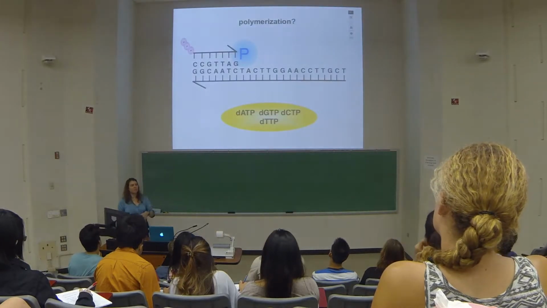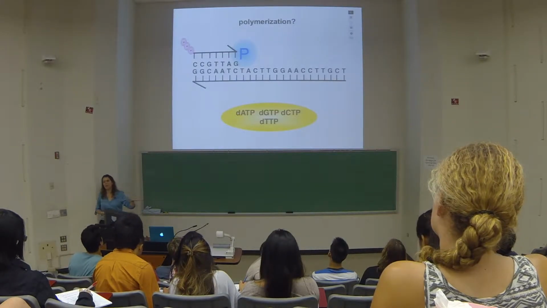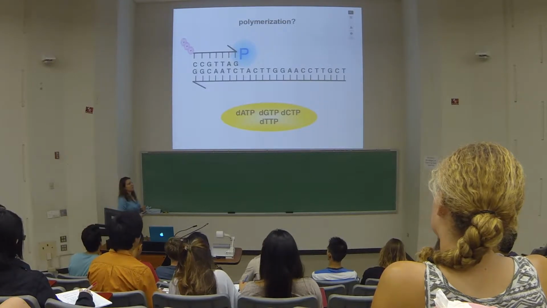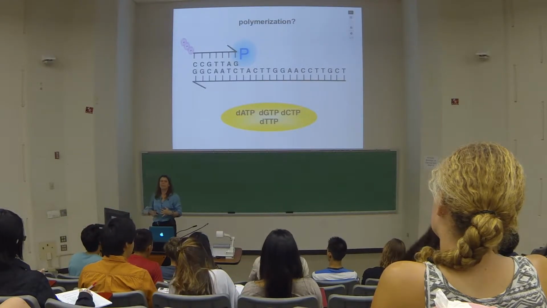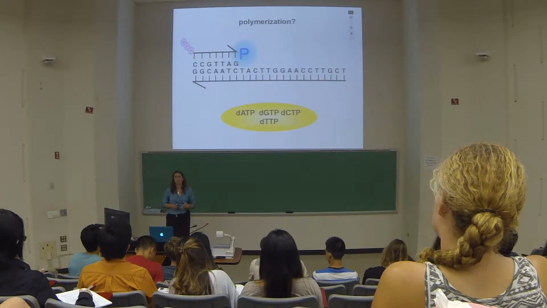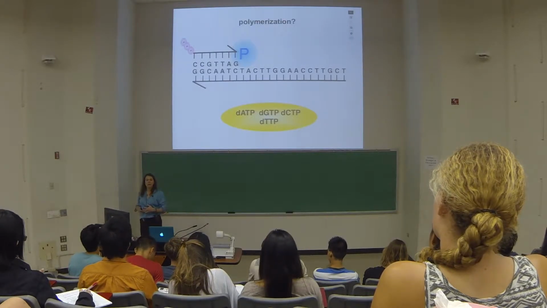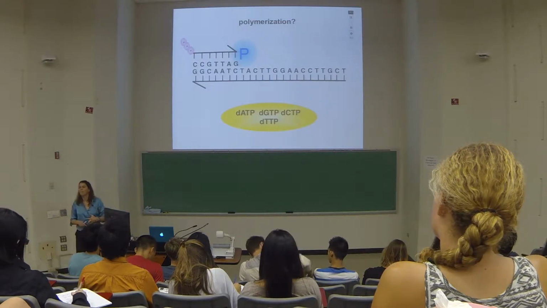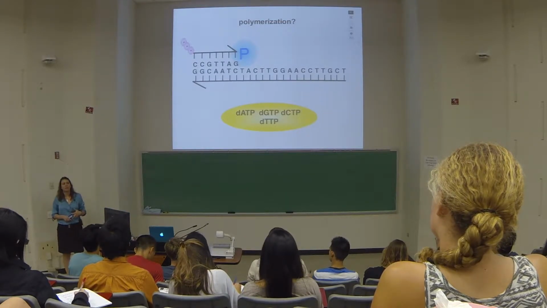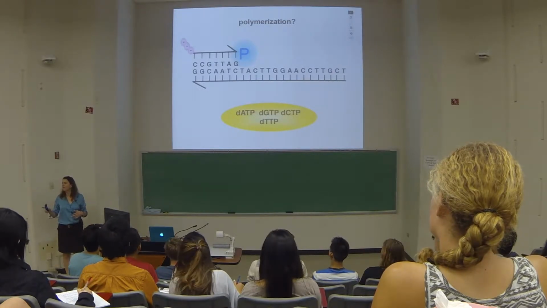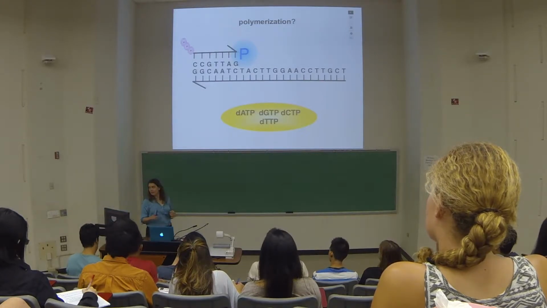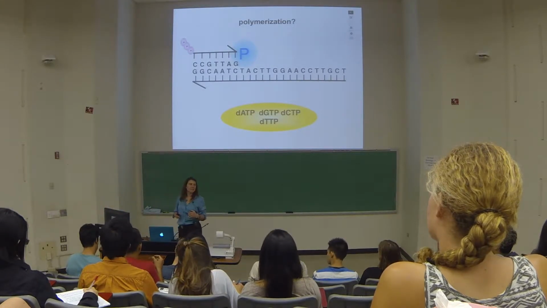One other point of clarification, just to make sure that we're on the same page. We talked about the direction that different things are moving in the process of replication. Synthesis versus polymerization. So what is polymerization specifically? Can anyone define it? The addition of the nucleotide bases to the synthesized strand.